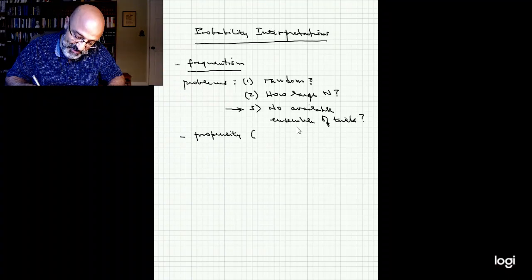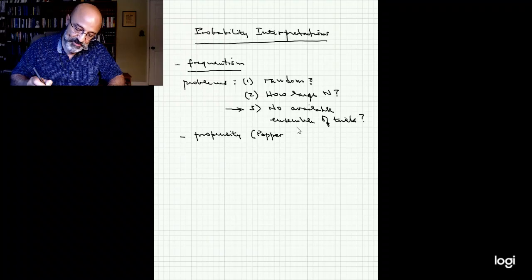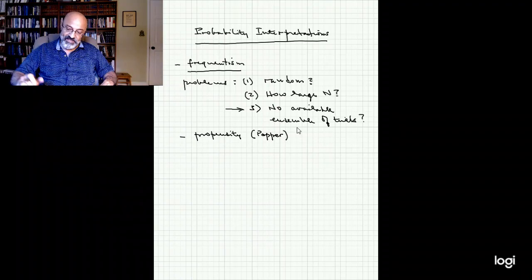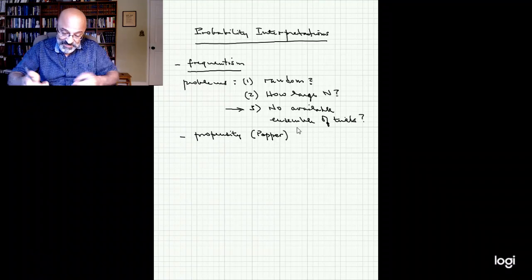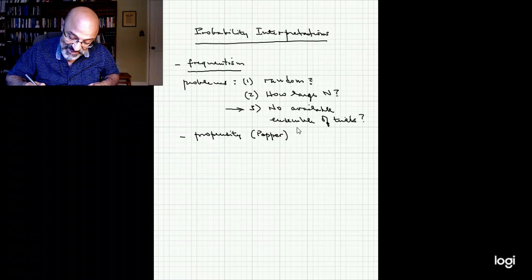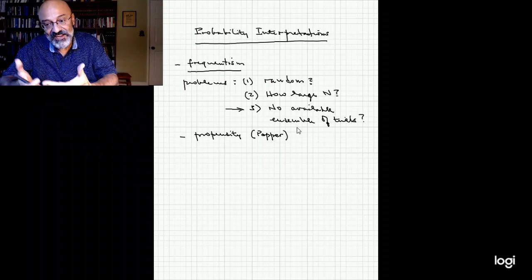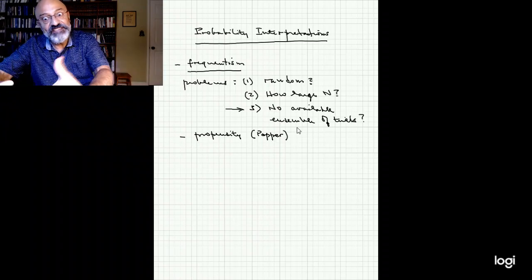The person who invented this idea was the philosopher of science Karl Popper, and this is a particularly interesting approach. Nobody has ever managed to do anything useful with it in physics, but I want to point out that there is this idea of a probability as a physical inner force for a particular outcome to become instantiated, to become true.